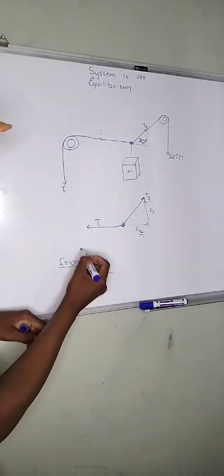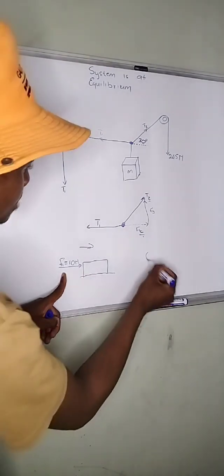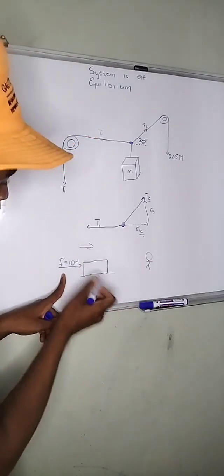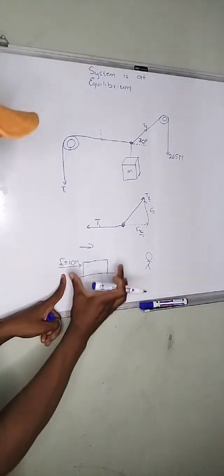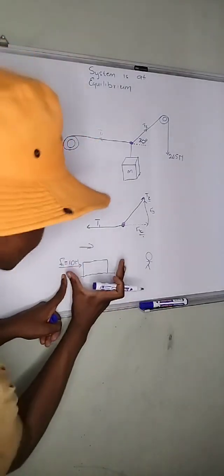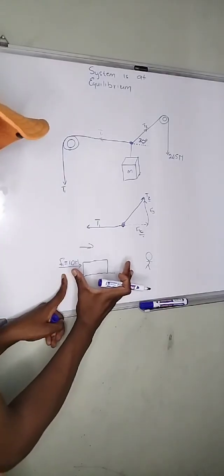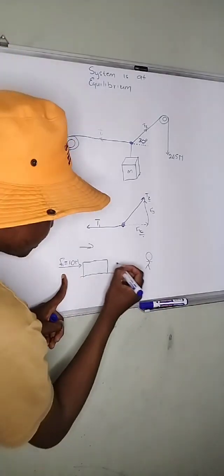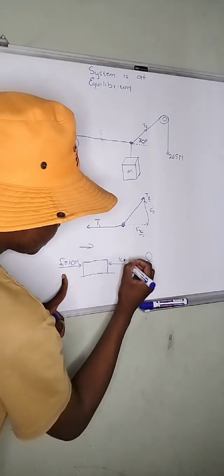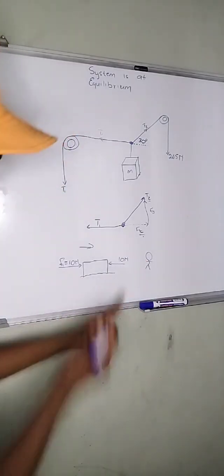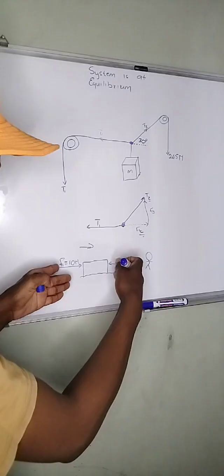As currently the box is moving to the right, it stays in the same position. It's going to be 10 newtons, but in the different direction, and then the box will remain in the same position.